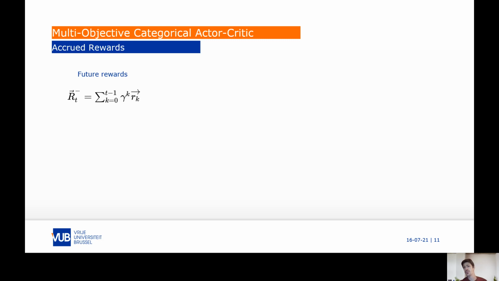We are also going to keep track of the past rewards. So at time step t, you can estimate the future rewards you will get from t until the end of the episode. But you know the rewards you got from 0 until t. So we call this the accrued rewards. And knowing the accrued rewards and the future rewards, you can compute the episodic reward, since it's simply the past and the future summed together.